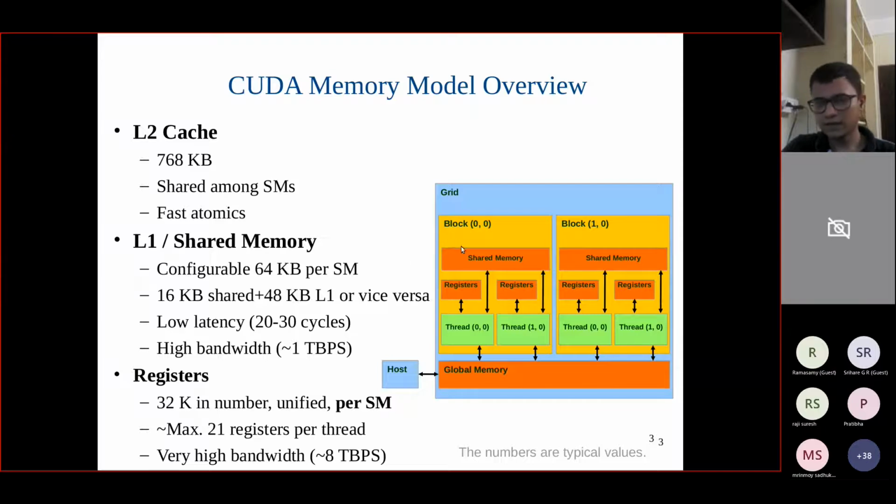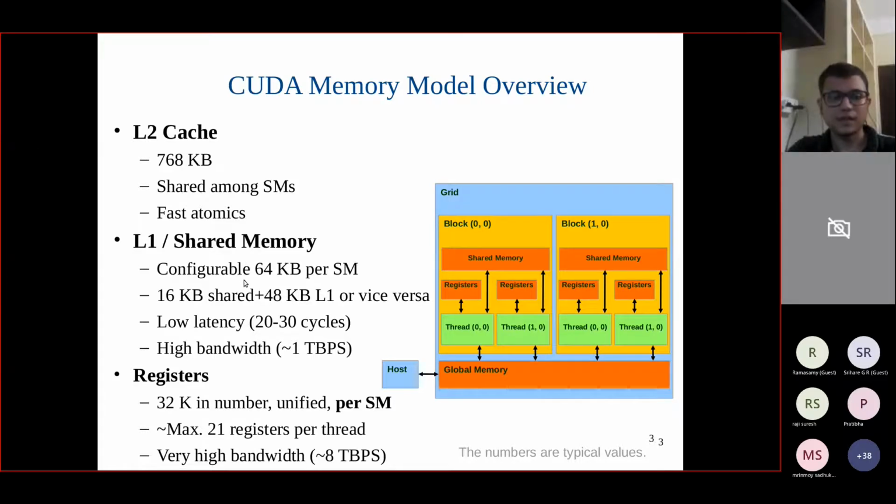This entire block is named shared memory, but in some sense it's both L1 cache as well as shared memory, and its size is 64 KB. And why is it known as configurable 64 KB memory?